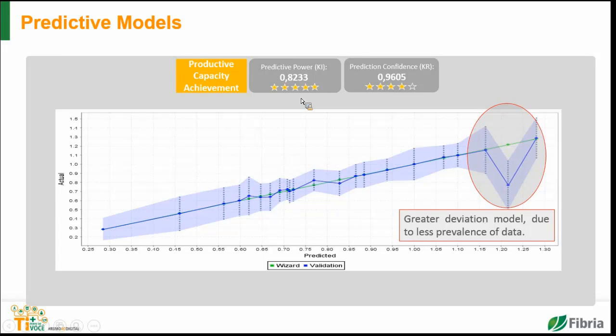For the measure of a good model, in the predictive power, KI, and in the predictive confidence, KR, you can see that it's much different. I achieved a much higher prediction confidence, 96%, but not good enough.